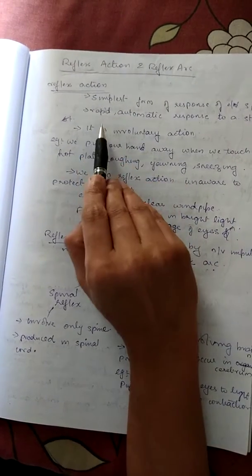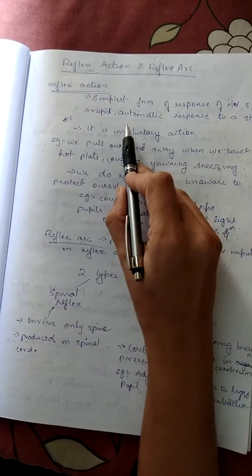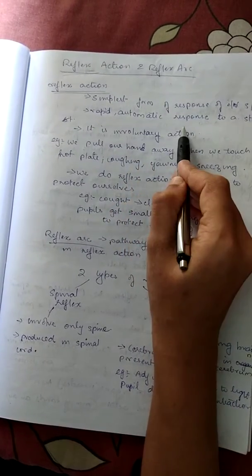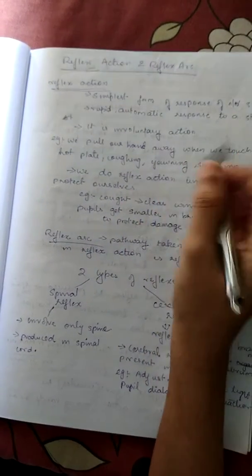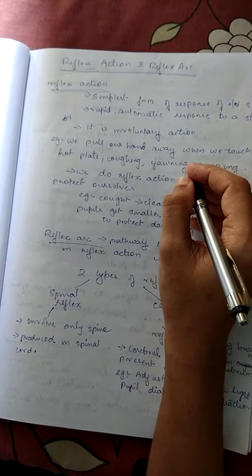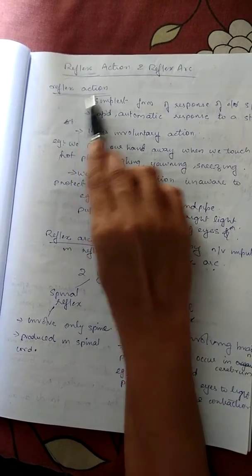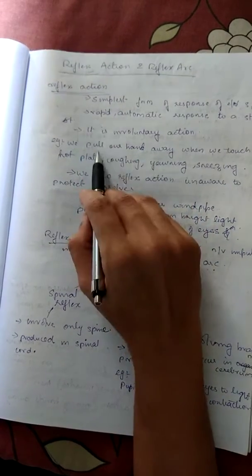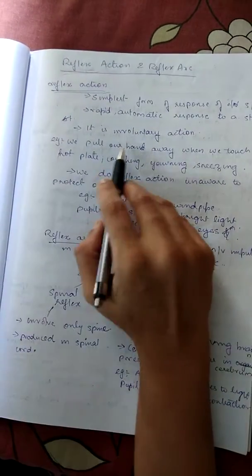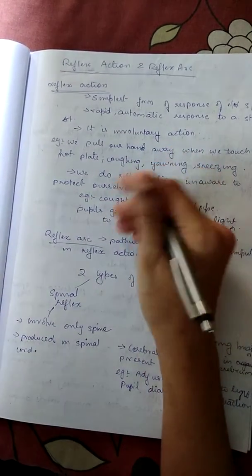So what is reflex? Reflex is a rapid and automatic response to a stimulus, very quick and happening without our thinking, like in a life threatening situation, or when we are exposed to bright light. This is an involuntary action, that is, we do not think and do this action. It happens naturally and automatically.